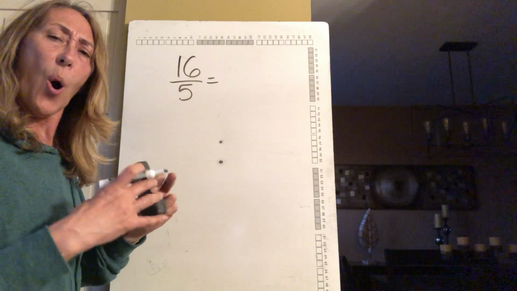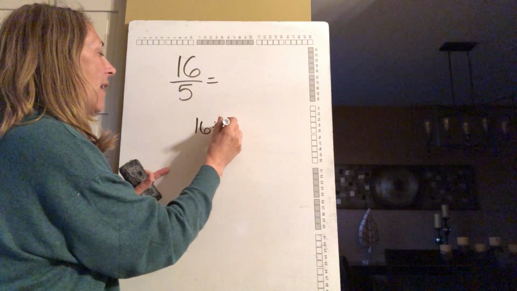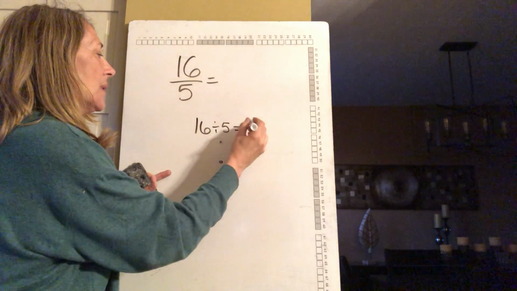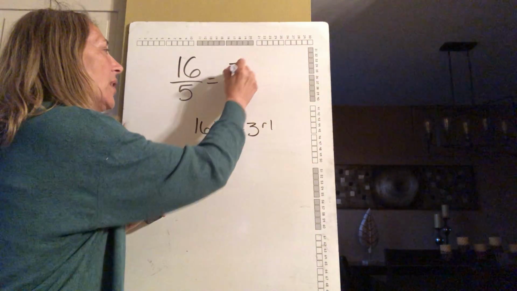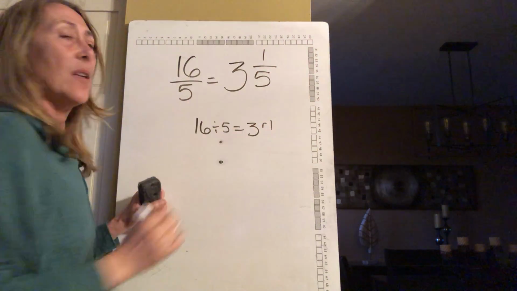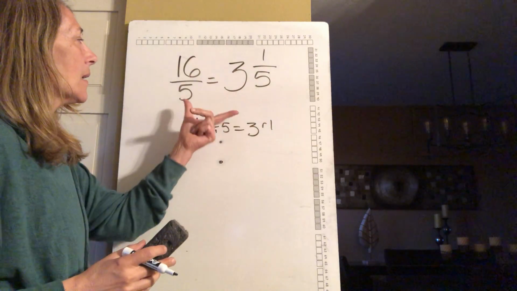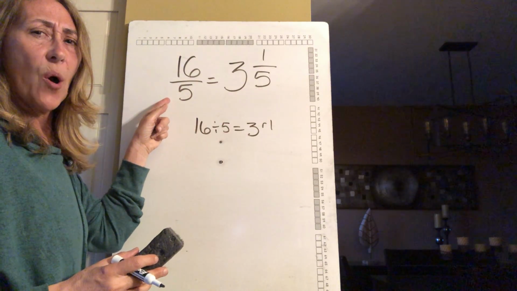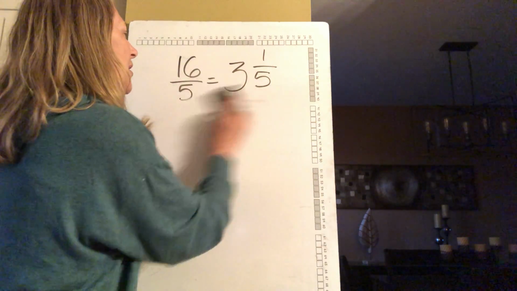So how many wholes can I make out of that? 16 divided by 5 equals 3, remainder 1. That's 3 wholes, 1 remains, and it's a fifth. 3 and 1/5. So going from a fraction greater than a whole to a mixed number. And we can do that backwards.